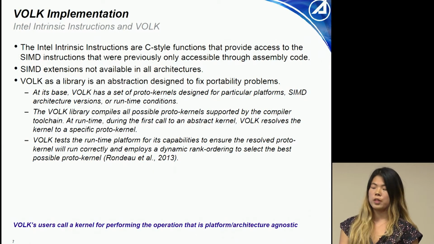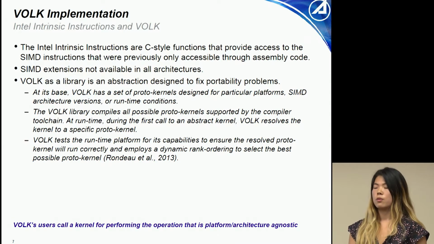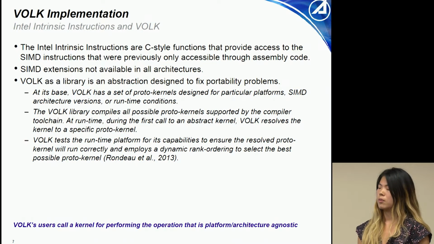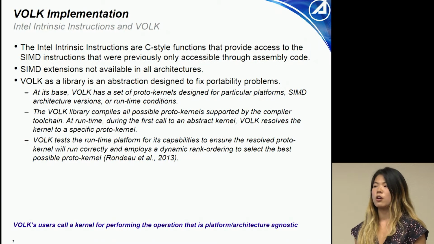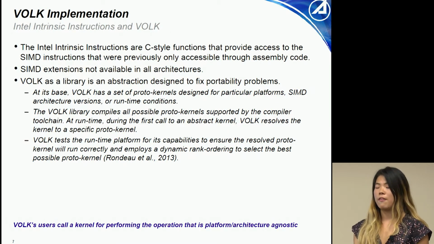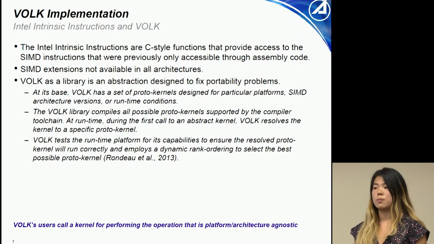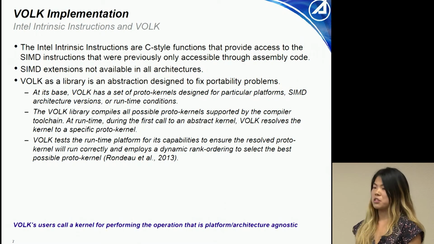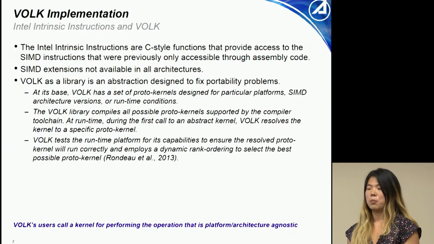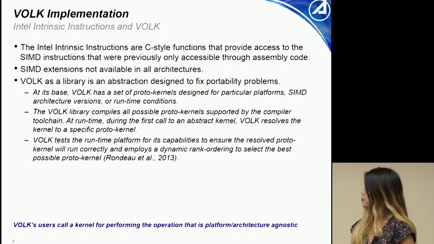In order to choose which protokernel, VOLK runs a test through all of the possible protokernels and determines which one's fastest. So in this way, you're always ensured that the fastest protokernel for your architecture is being run. And this is, again, really important for GNU Radio because it makes it portable and it makes it really easy to run.